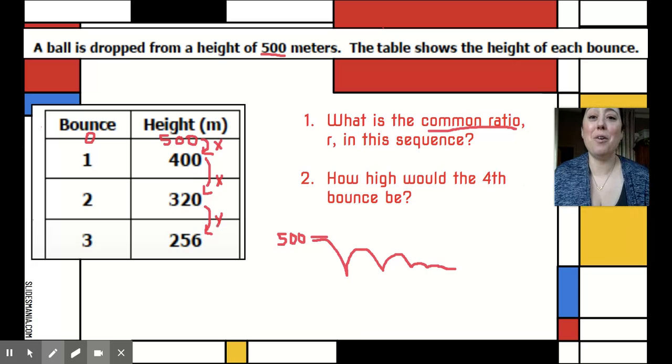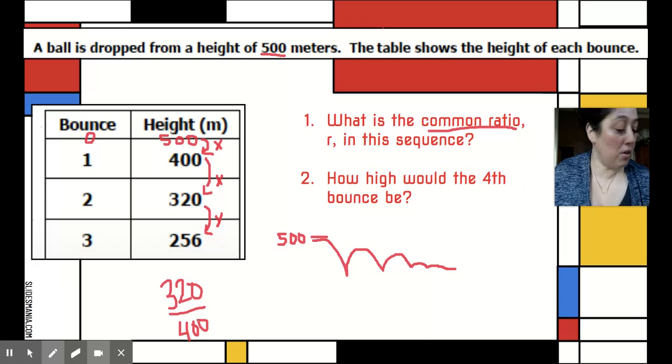Okay. So remember back to 2 slides ago where I can take any of these terms, right? Let me just take 320. Why not? Okay. And I'm going to divide it by the number before it. So I'm going to divide it by 400.